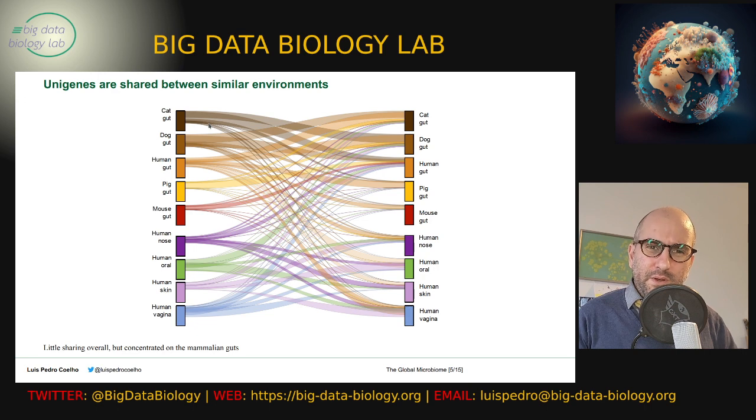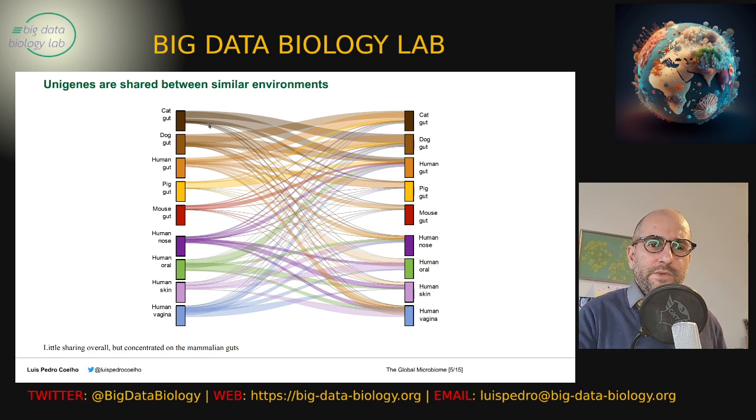In particular, a few years back, I think it's 2018, we published a manuscript showing that by many metrics, the dog gut microbiome is the most similar to the human one, compared to other mammals that we had analyzed at the time. However, if we now reanalyze this with more data, we see that the cat is also a great match to humans.